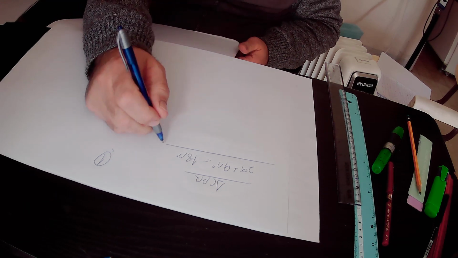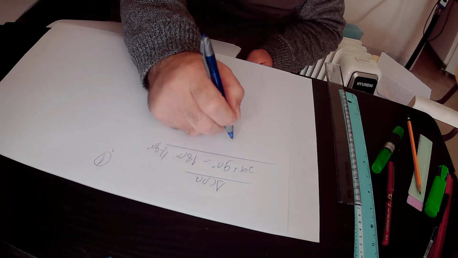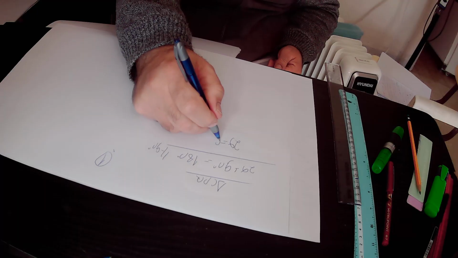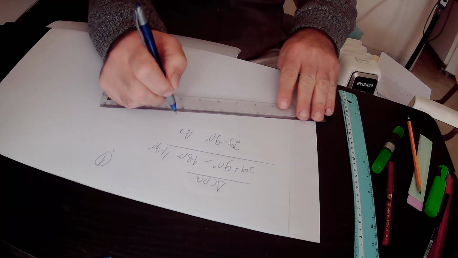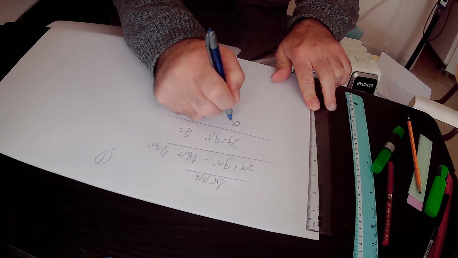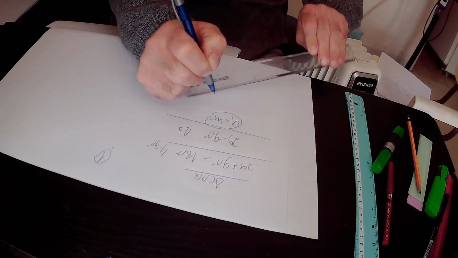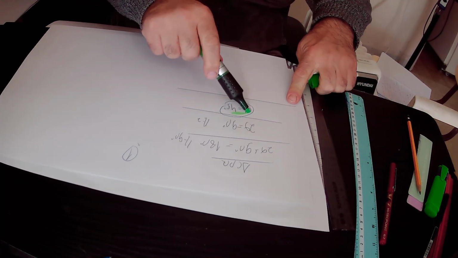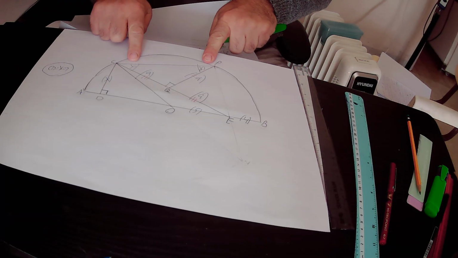Here we subtract 90 degrees from this equation, and we get that 2 alpha equals 180 degrees minus 90 degrees, which is 90 degrees. Here we divide this equation by 2, and finally get that the missing angle alpha is equal to 90 degrees over 2, that is 45 degrees. So we found out that those angles are both equal to alpha, therefore each of them is equal to 45 degrees in size. So write it down.